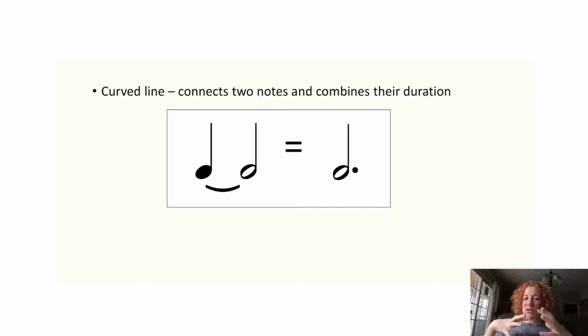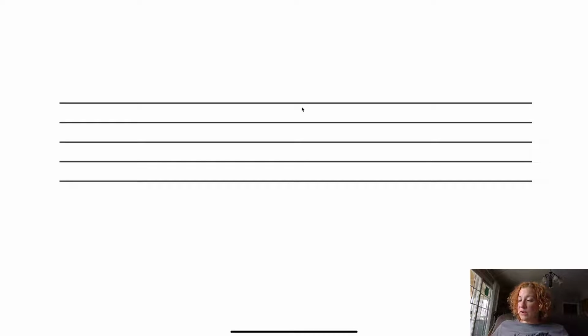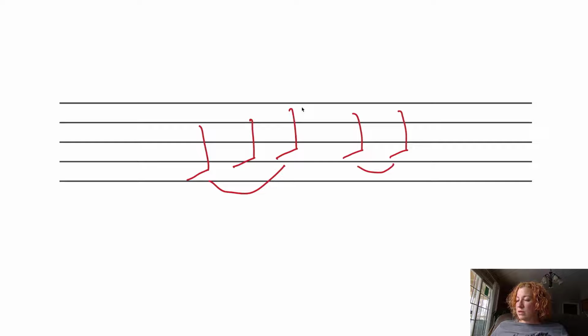So we have connecting the duration of the notes. A slur, on the other hand, would be like we're slurring notes together as they're going up or down the staff, okay? Tie, on the other hand, would be same notes with a tie underneath them.